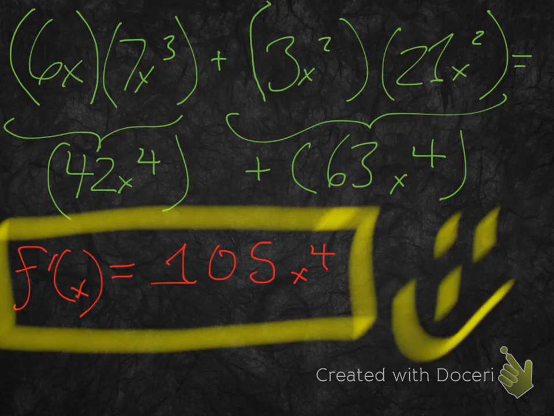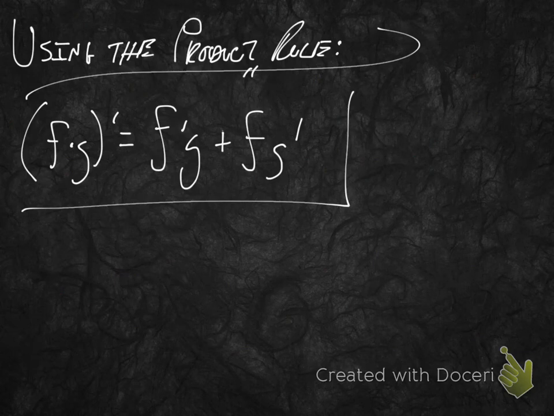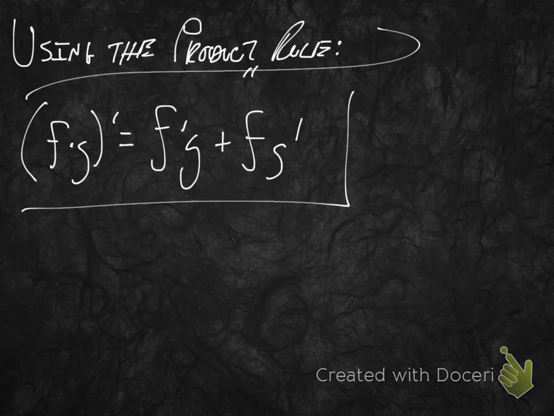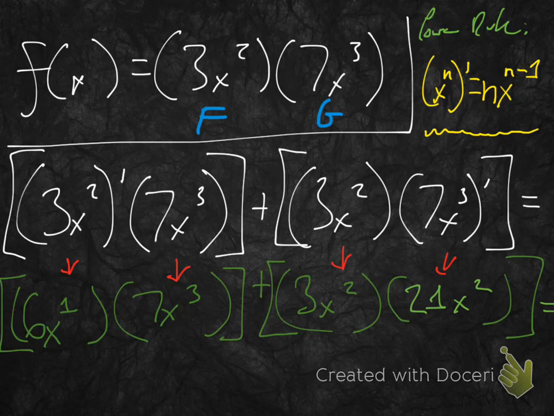Let's go ahead and do a quick recap of what we were doing here. We used the power rule. I'm sorry, the product rule. We did end up using the power rule, but we were talking about the product rule. So we wanted to use the product rule to find the derivative, or to differentiate, f of x equals 3x squared times 7x cubed. So we put things into the product rule formula, and then we used our power rule in order to take the derivatives within that.